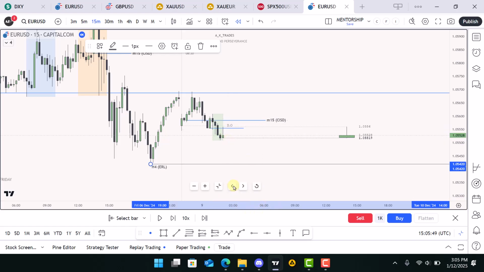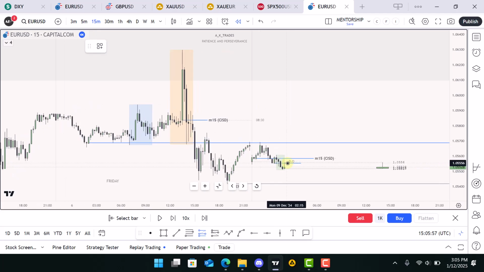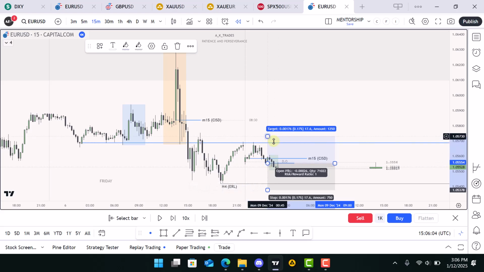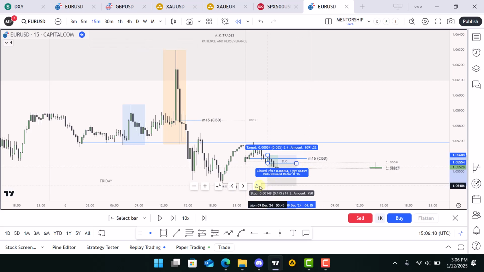So, as you can see, if you are to place a trade at this order block, put our stop loss here and target the 4-hour external range liquidity.